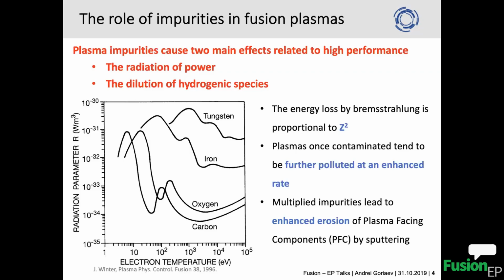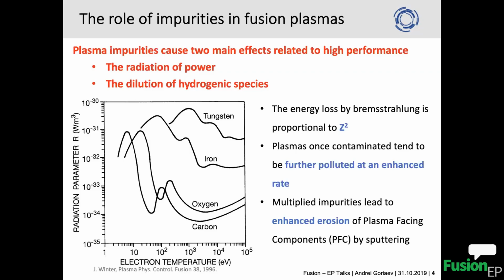Yes, you are right, but we have to take into account here not only physical sputtering but also chemical sputtering, which plays a huge role when the energy of your impurity species is not enough for physical sputtering. In this case, oxygen is the enemy of fusion plasma because it's really chemically active.